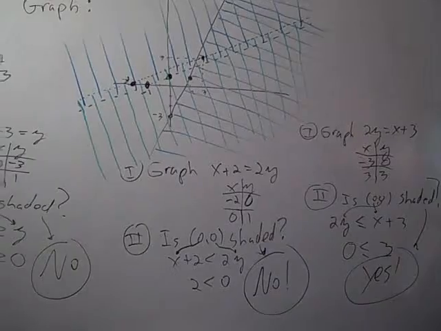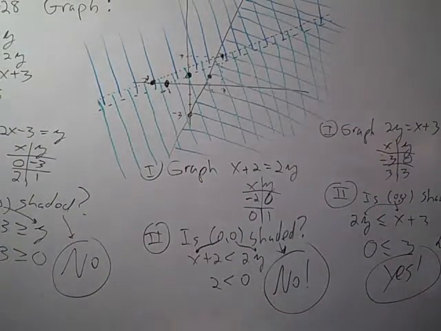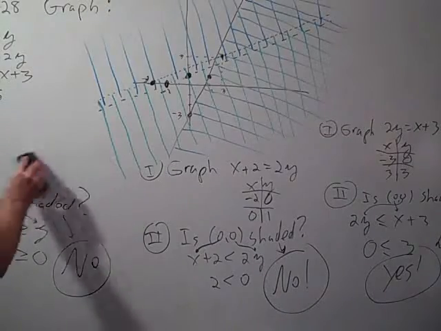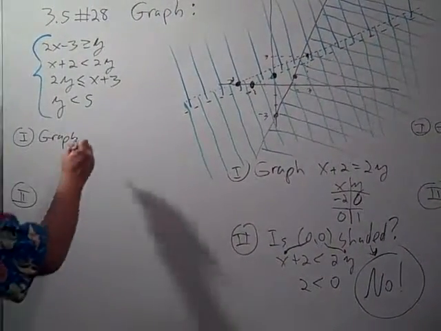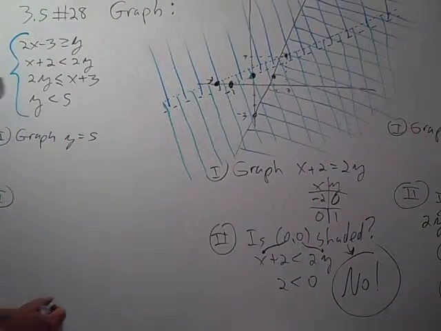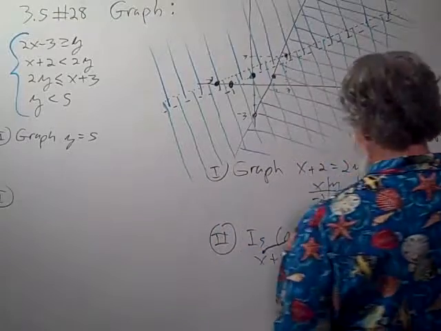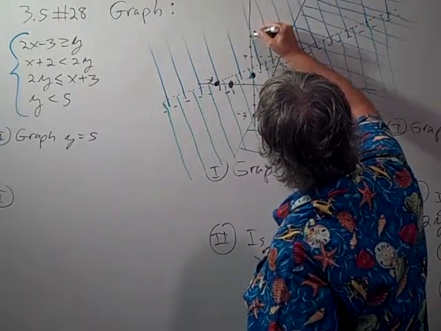And I'm going to start over here for that one. Well, it's simply y is less than 5, so this will be a relatively easy one. So we graph y equals 5. That's the horizontal line through 5. So that's 3, 4, 5.